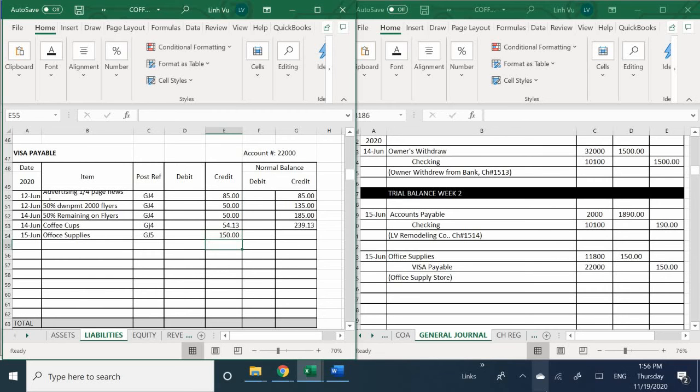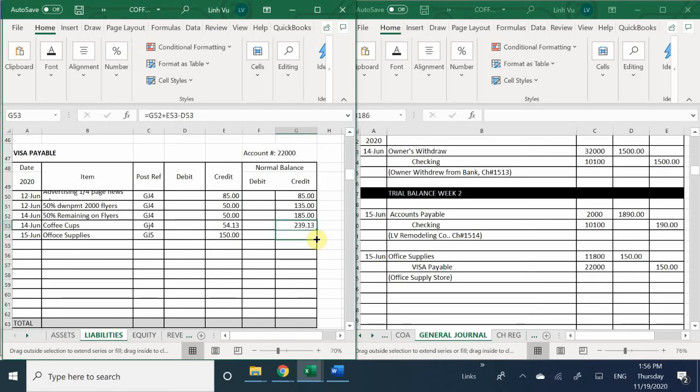What is your credit going to be for your normal balance? Let me see if my calculation is right. So it's equal, plus. Oh, I did it backwards.